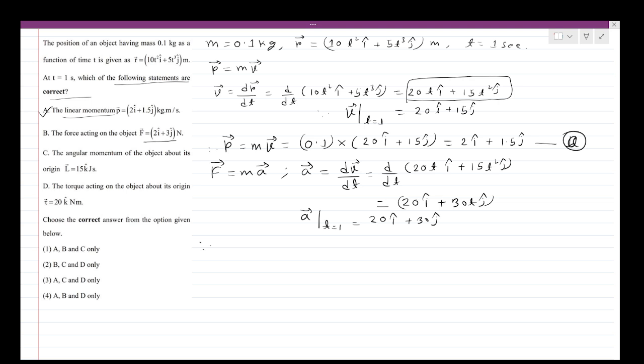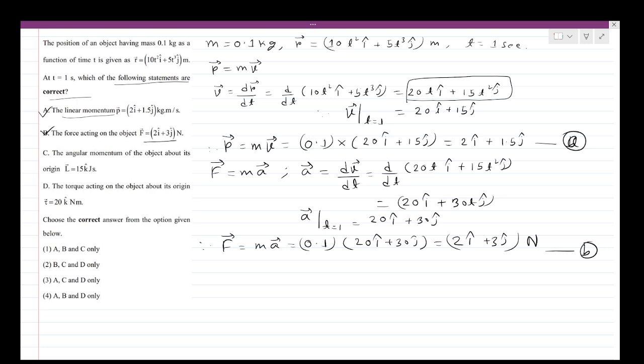Therefore, we can write the force F vector equals m a vector equals 0.1 into 20 i cap plus 30 j cap, equals 2 i cap plus 3 j cap Newton. So option B is also right. So option B is also true.